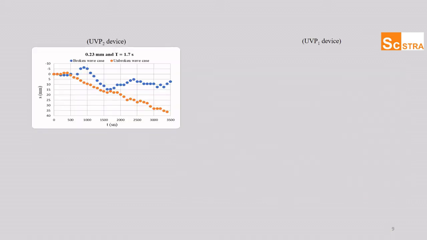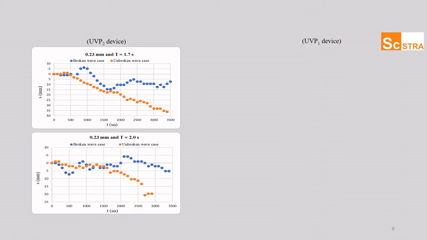There are some tables and graphs with broken and unbroken wave cases. This one is for 0.23 millimeter bed material and 1.7 second wave period, broken and unbroken waves, where the time-dependent scour depth graph can be seen, and with the period of 2 seconds.